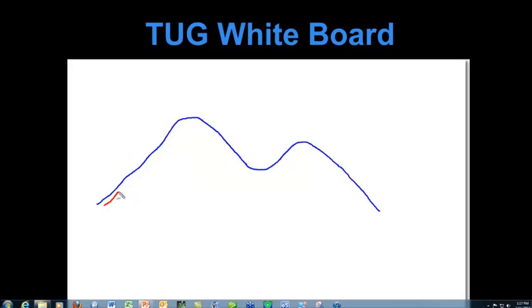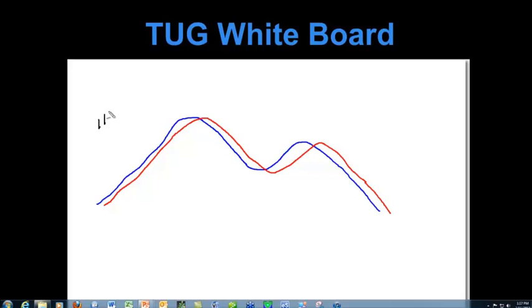So the signal line comes up like this, and then it kind of goes like this, and then it comes down like this, goes up like this, and then comes back down like this. That's the signal line. Now let's put the price movement of the underlying security right up here.